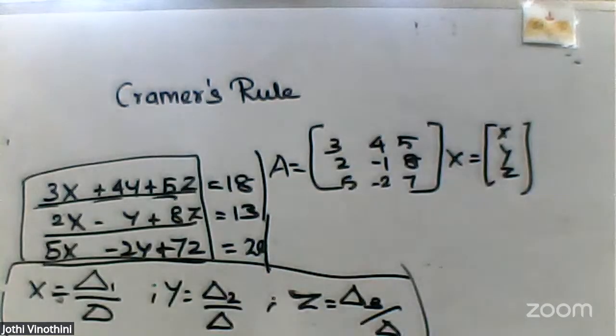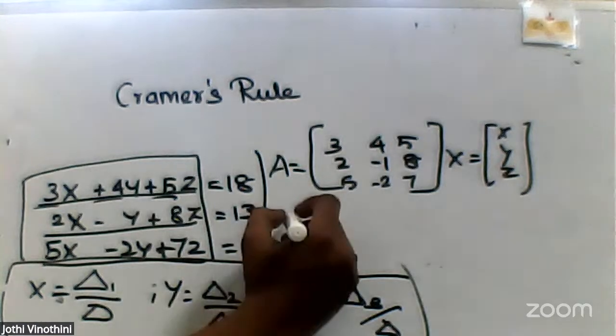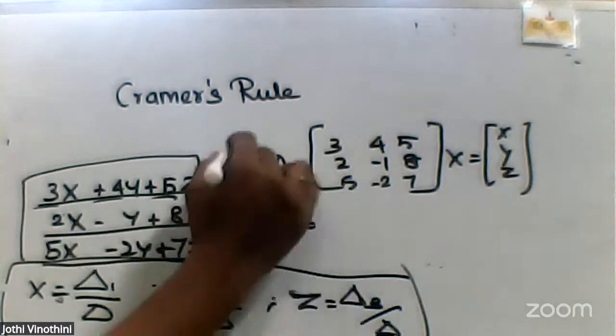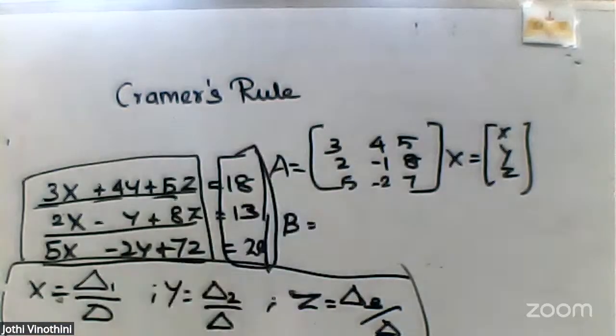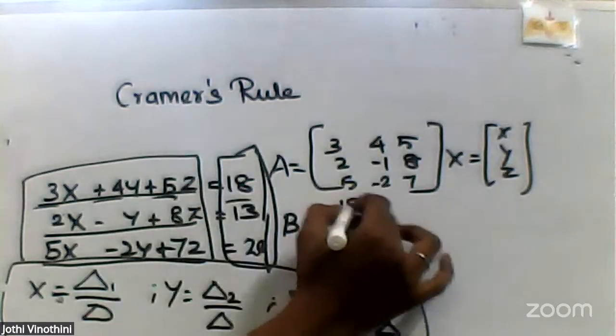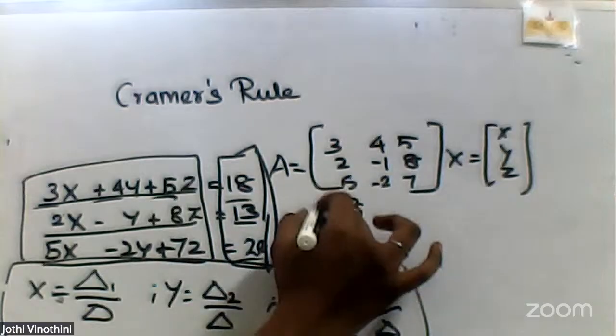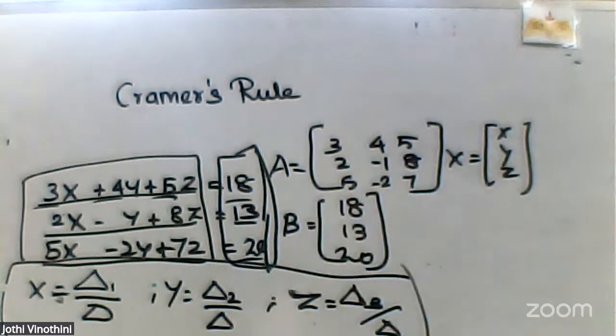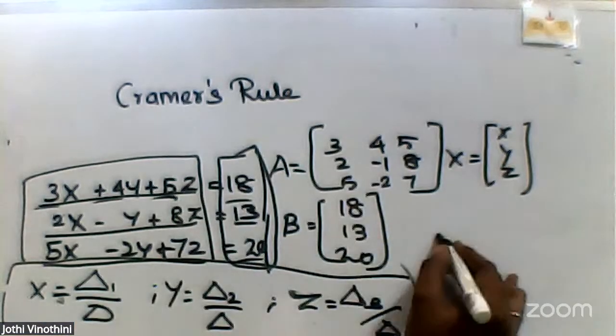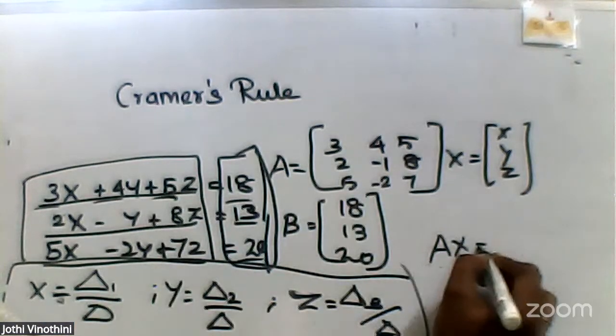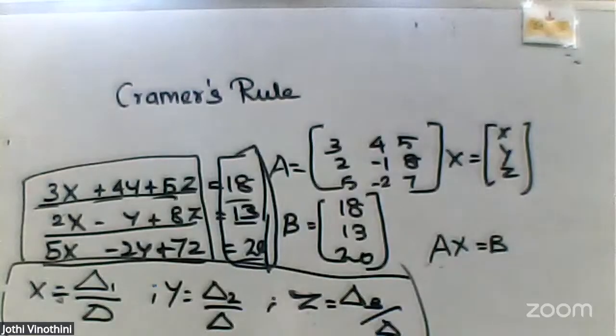And we take another matrix, matrix B. For this, we simply take the elements on the right hand side, in the same order. What do we have first? 18. And then we have 13. And then we have 20. Right? Why did we take it like this? We know that AX equals B.